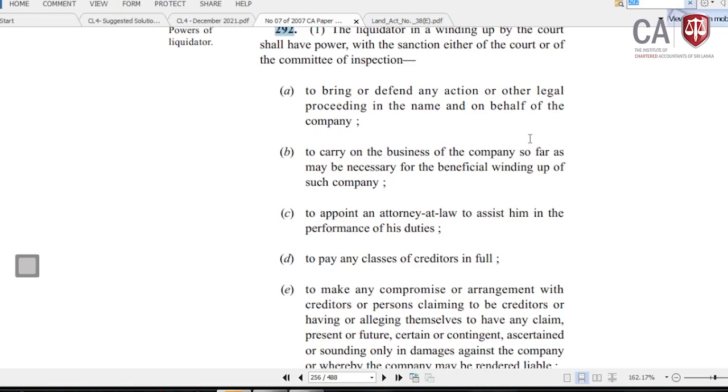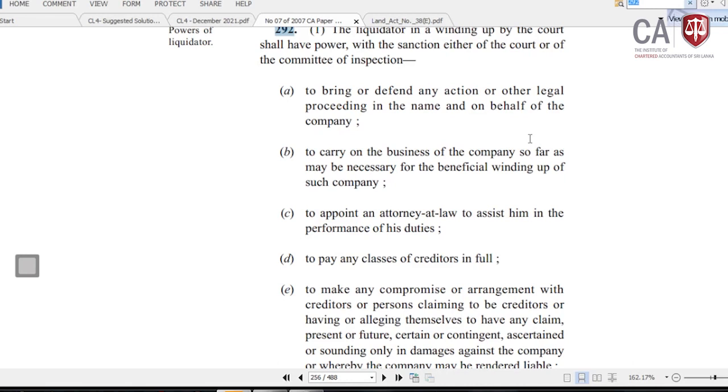The liquidator's main obligation is to sell all the assets and settle the liabilities. In doing that, some creditors may take legal action against the company saying that their liabilities are not included in the financial statements of the company. So parties can take legal action. There can be ongoing litigation.